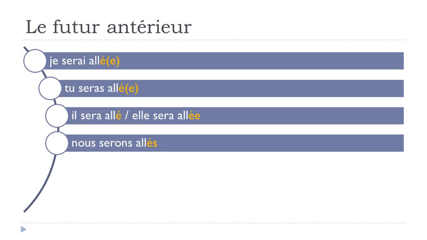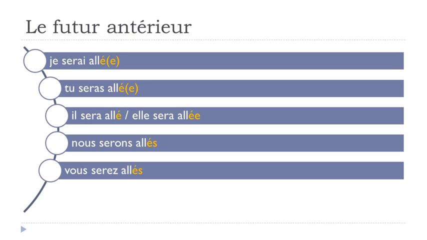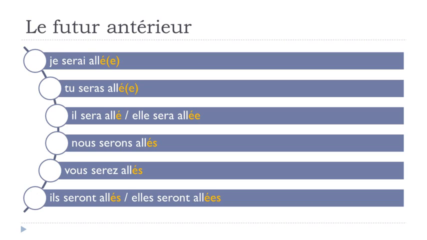Nous serons allés. Vous serez allés. Ils seront allés. Elles seront allées. Okay, so one more time. Je serai allé. Tu seras allé. Il sera allé. Elle sera allée. Nous serons allés. Vous serez allés. Ils seront allés. Elles seront allées.